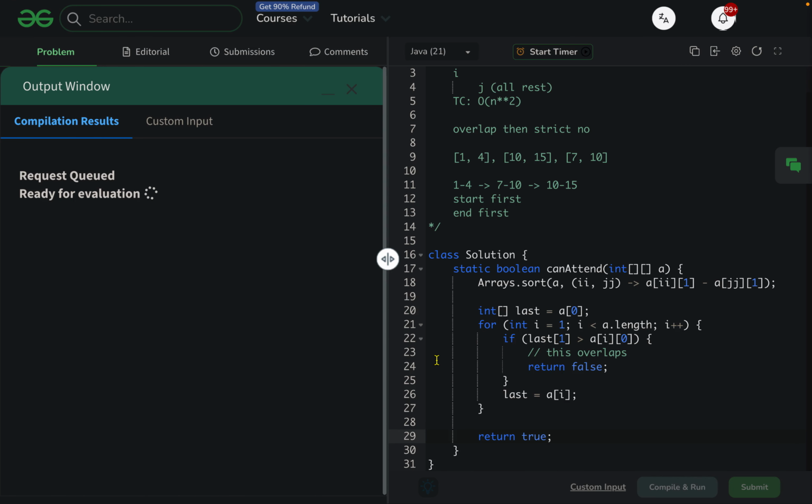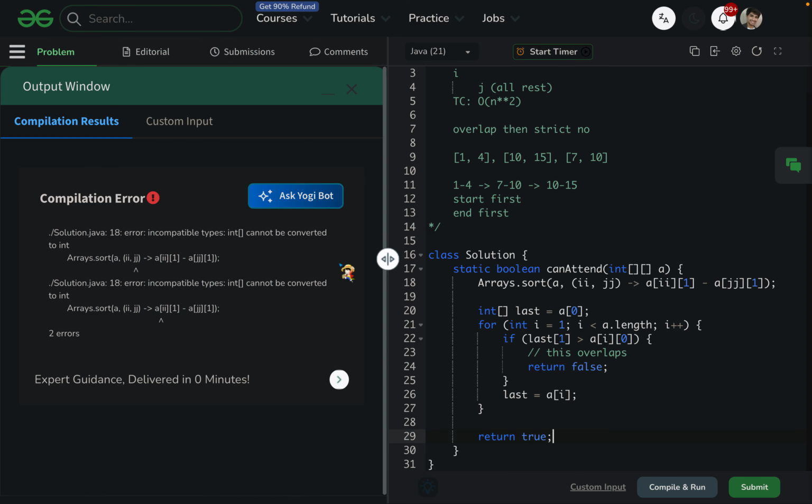Let me try to compile this one for any compiler errors. Okay, there are a few. What does it say? Okay, my bad. I should be here, and this should be 1, and this should be 1 here.